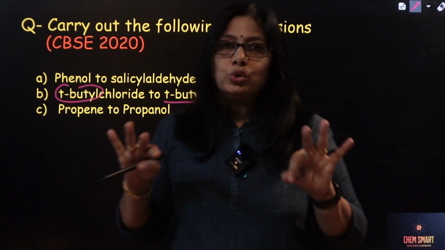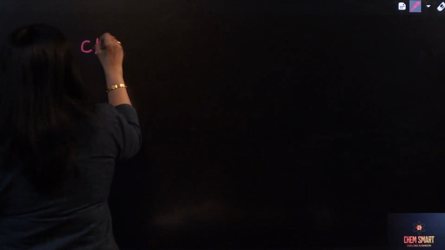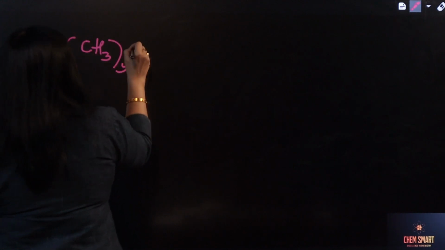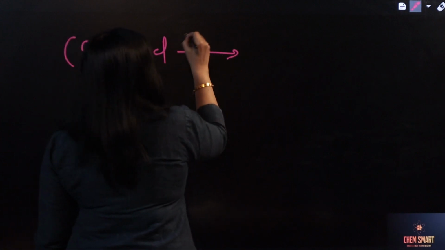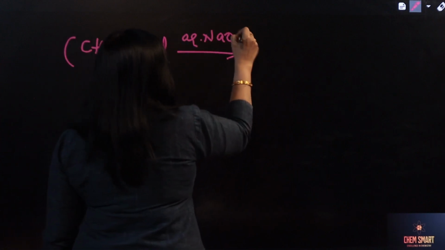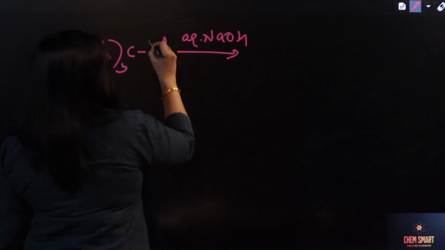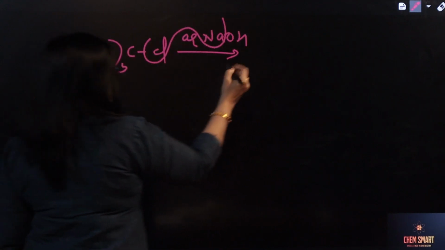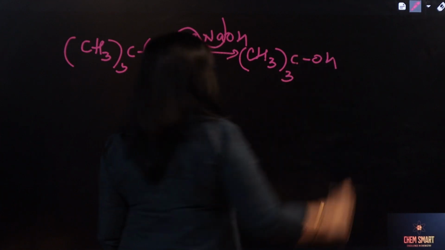So let's see how to deal with it. Here what we have is tertiary butyl chloride. Let us convert it to a tertiary alkoxide. What we have is (CH3)3CCl. This is tertiary butyl chloride, right? Make it react with aqueous NaOH, or aqueous KOH also, aqueous alkali. Then it will undergo substitution. NaCl will get removed and OH will take its place. So you will get (CH3)3COH.